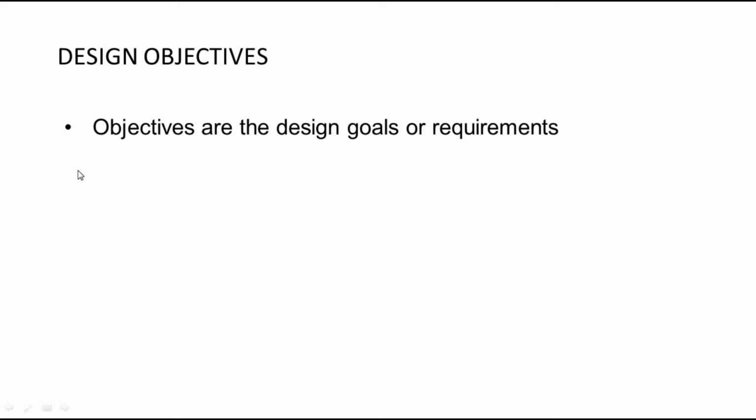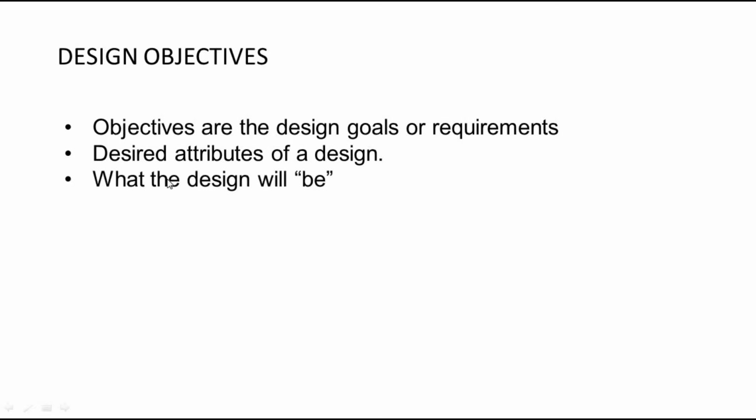First is design objectives. Design objectives are the design goals or the primary requirements of the design. Objectives mean the desired attributes of the design.